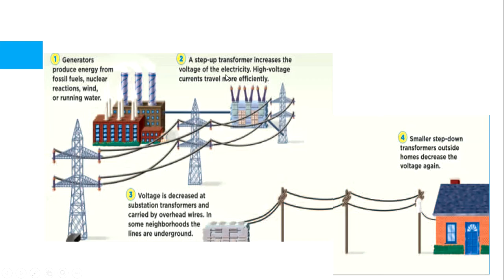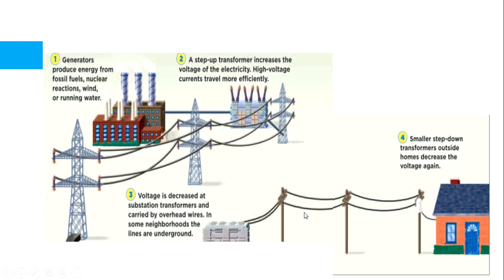A step-down transformer decreases the voltage of electricity after it is produced in the power stations, because high voltage is dangerous to reach to the homes. This is done through different substations, and it is carried by overhead wires. In some neighborhoods the lines are underground.